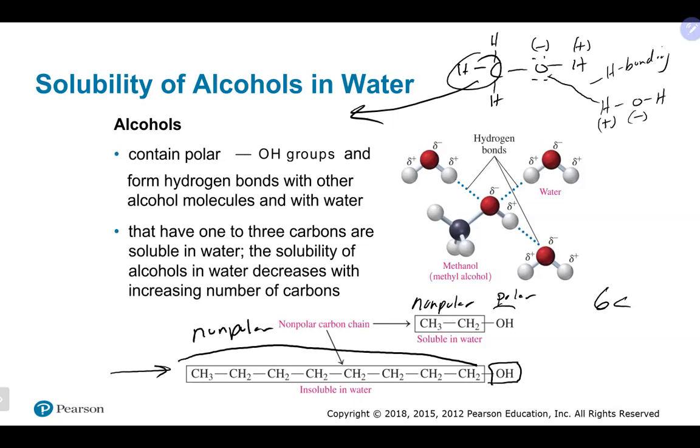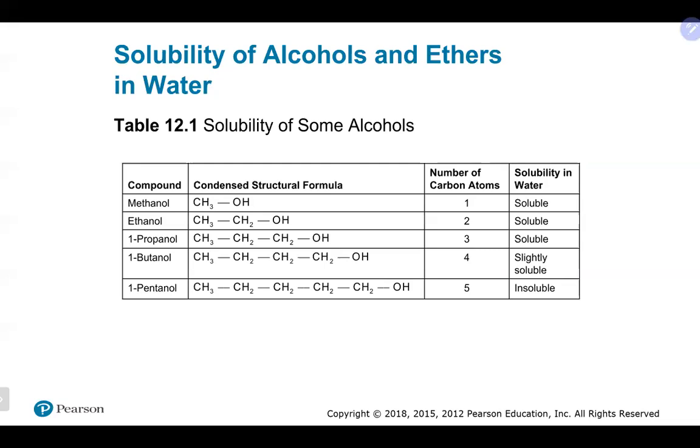So up to about 5 or so carbons, alcohols have pretty good solubility with water, but then it does start to drop off. As you can see here, 1 through 4, slightly soluble. Then we get into kind of insoluble, and definitely after 6, you're insoluble at that point.